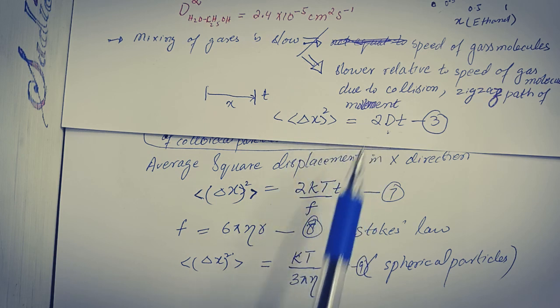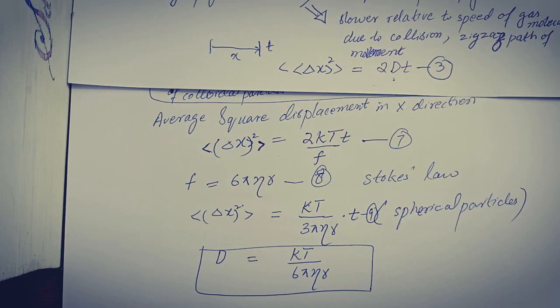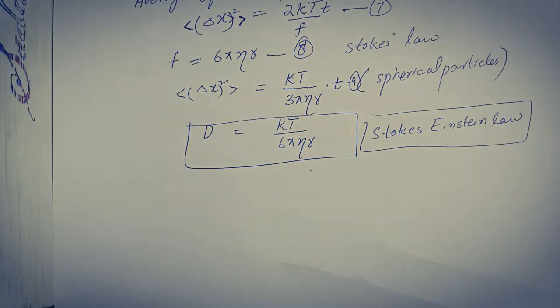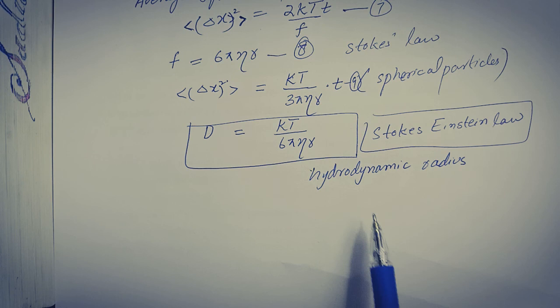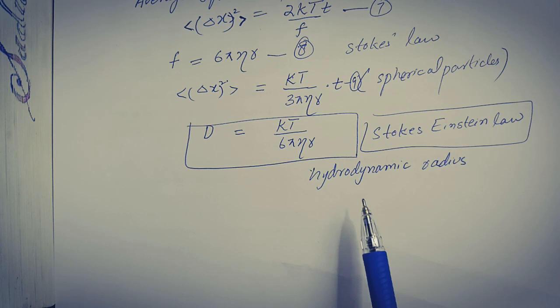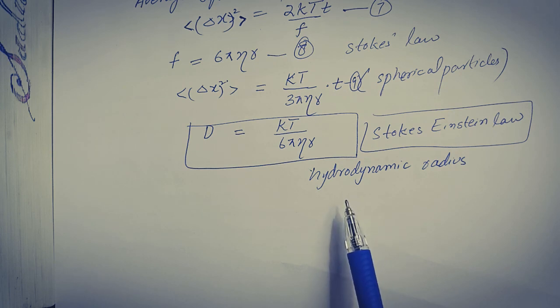So here by comparing equation number 3 and 9, we get the equation that is the diffusion coefficient describing the Stokes-Einstein law, where this R is known as hydrodynamic radius, which also includes the solvent molecules, or if the solvent molecules are water molecules, then we call it hydrodynamic radius or radius of solvated molecule.